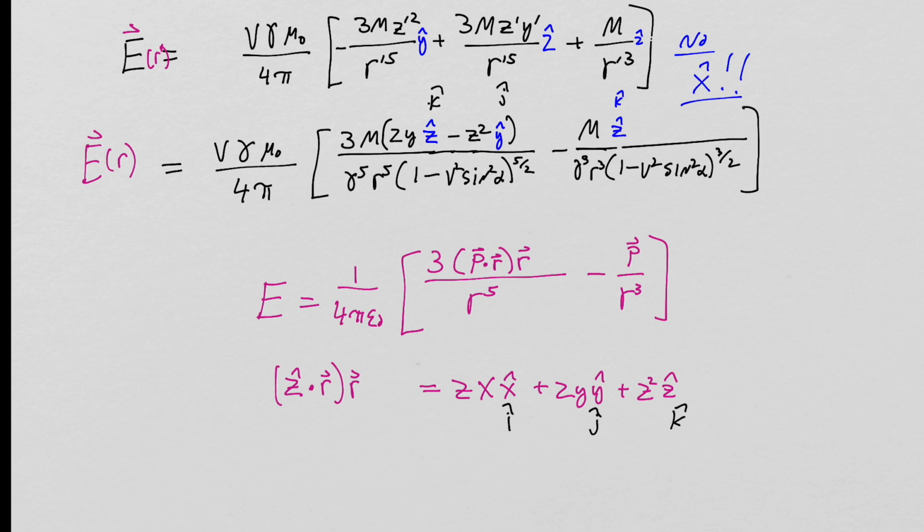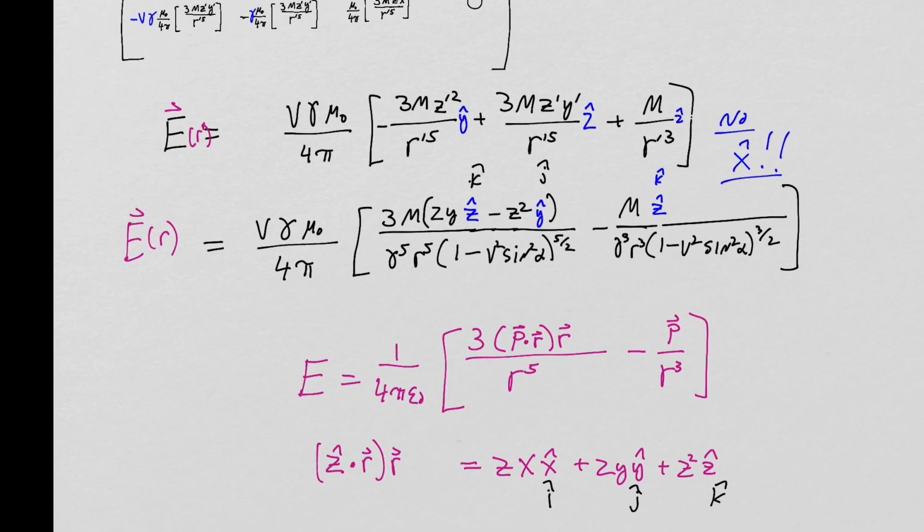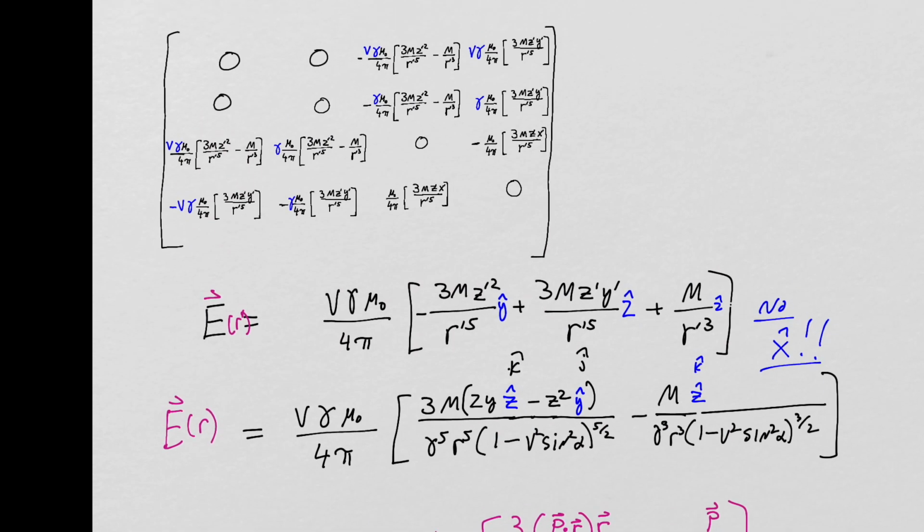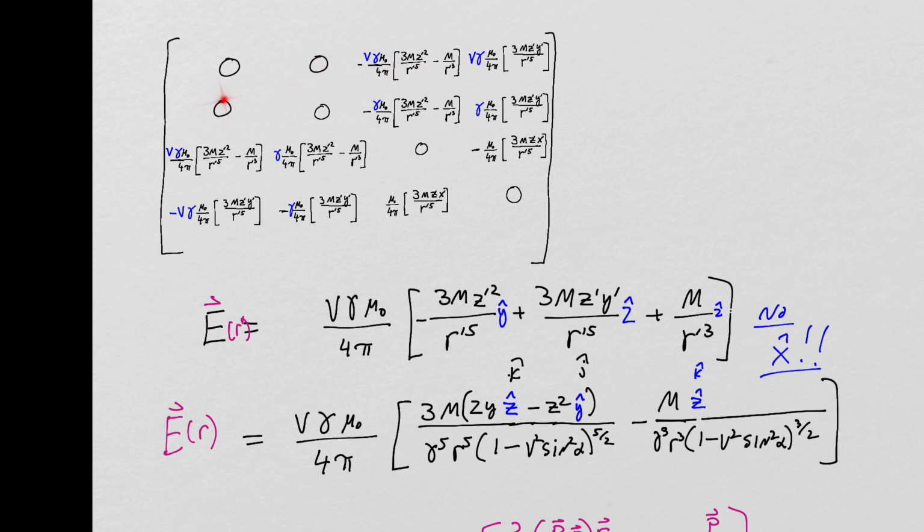And so we can immediately see, just by that fact alone, that these two components here, and you see there's no x component, right? I mean, that was obvious from the matrix actually, right? I didn't even need to break it down and add it up and say, hey, wait, where's my x component of the electric field? It was obviously never there, right?